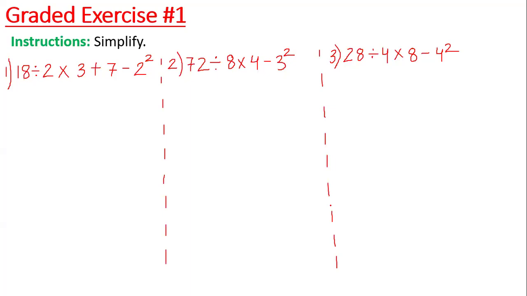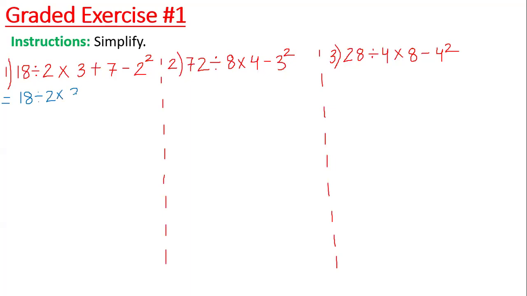Y'all say y'all finished with number 1, right? What did y'all get for number 1? 30. The first thing we're going to do is 2 squared, right? Yes, sir.